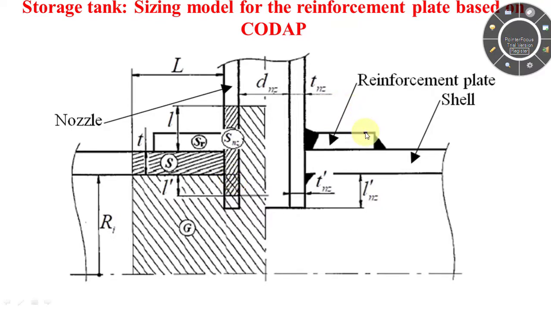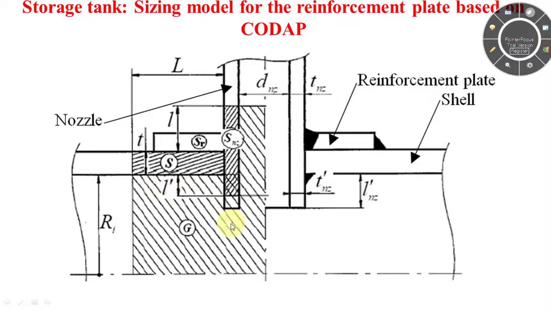And we have the reinforcement plate that we will install around the opening, and this reinforcement plate is characterized by its cross-section SR. For the portion of the shell which will participate in the resistance of the opening, we have the dimension capital L to characterize this portion of the shell, and for the portion of the nozzle participating in the resistance around the opening, it's characterized also by its length outside the shell, small l, and a length in the exceeding inside the shell called L prime.